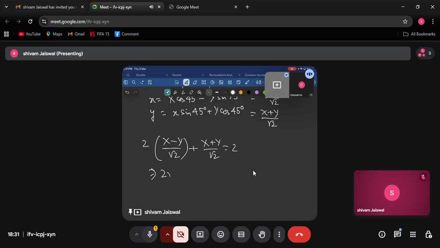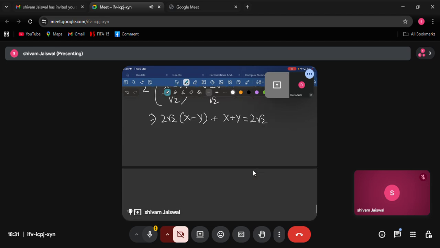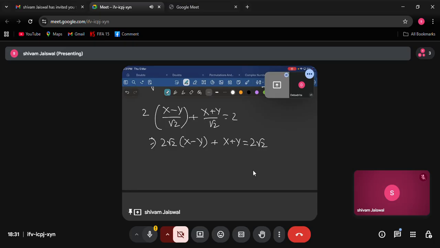Multiplying by root 2 we will get 2 into (X minus Y) plus (X plus Y) is equal to 2 root 2. So from here we have got X, coefficient of X is 2 root 2 plus 1, and coefficient of Y is 1 minus 2 root 2, is equal to 2 root 2.